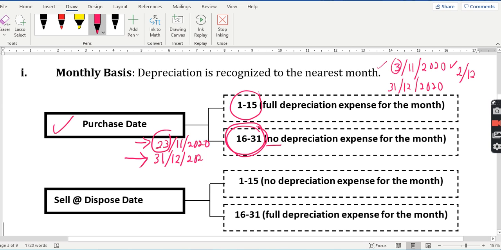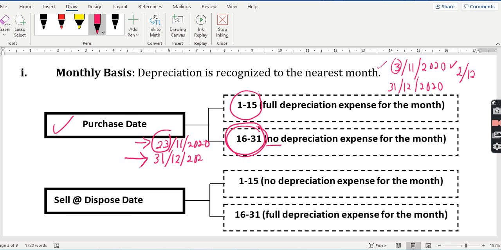Now let's say we are disposing the asset. Assuming the asset is already with us, we bought it earlier and we intend to sell it off because maybe the asset is not performing well anymore, or we need to buy better machineries.